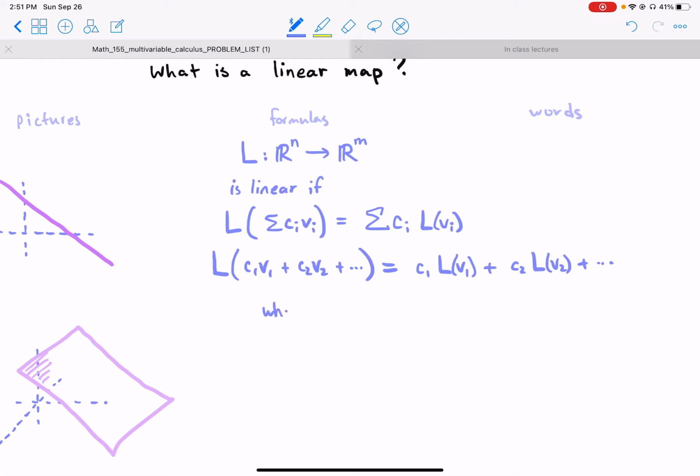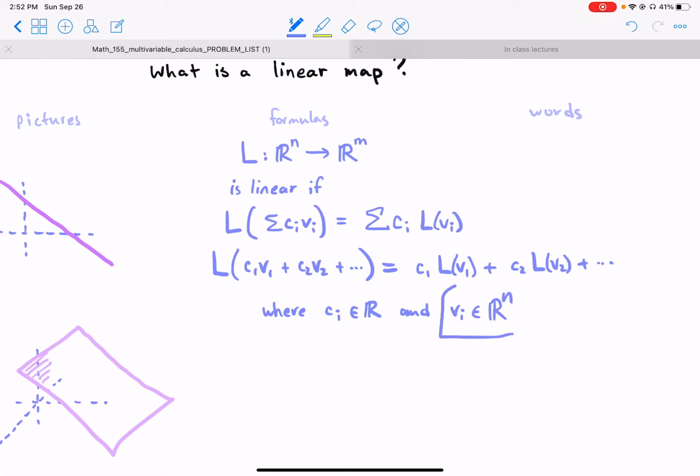I should say each of the Ci is a real number and each of the Vi is a vector. Well, a vector where? The Vi have to be in the input space, so they have to be in Rn. That's the only thing it could be. So just because I wrote this down, you know that the inputs have to be n-dimensional vectors.